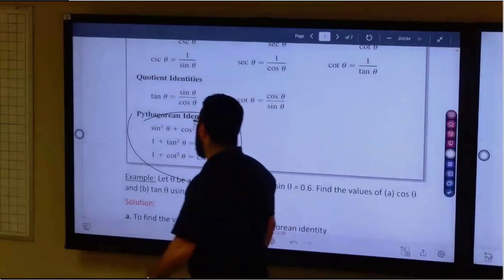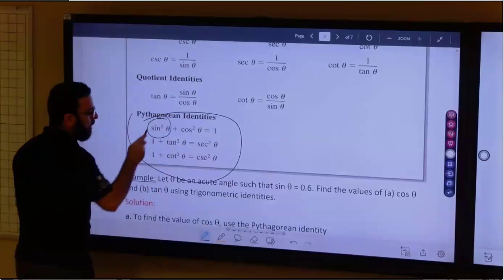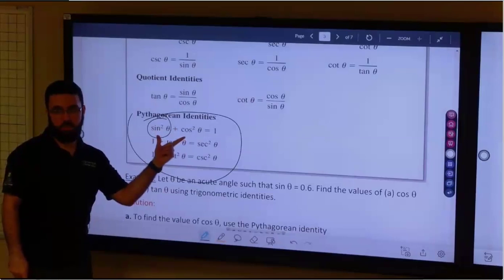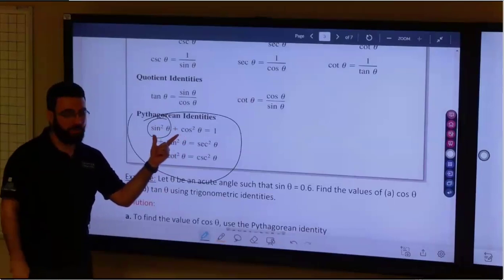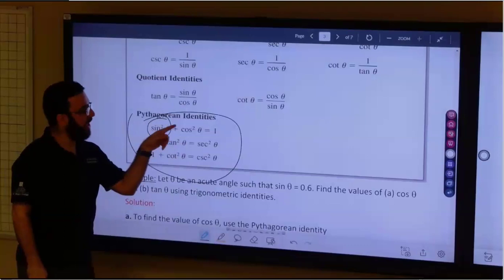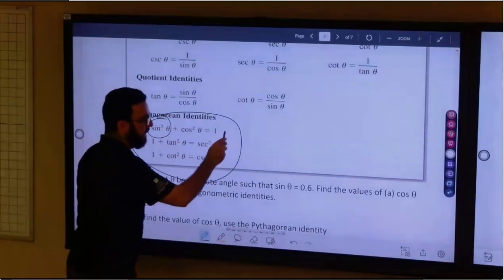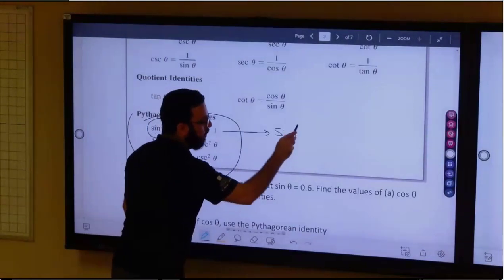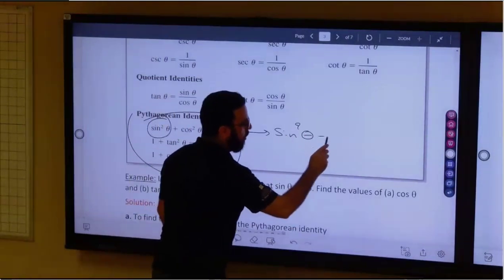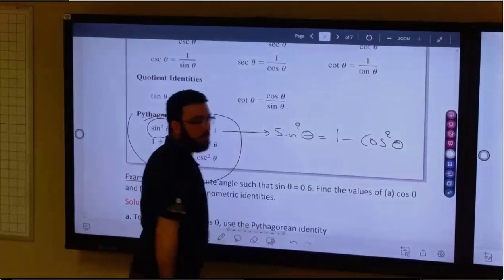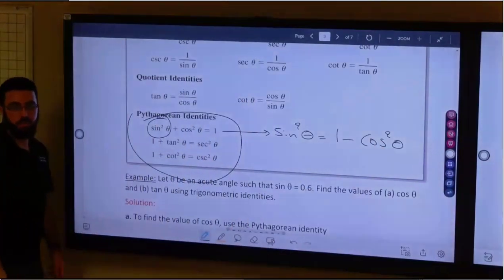In case you have the sine and you need to find the cosine, I can use this rule by saying sine square theta equals 1 minus cosine square theta. Can I do that? Yes or no?